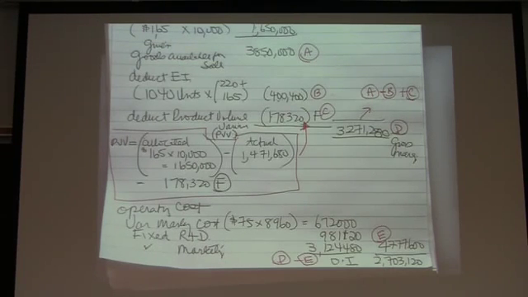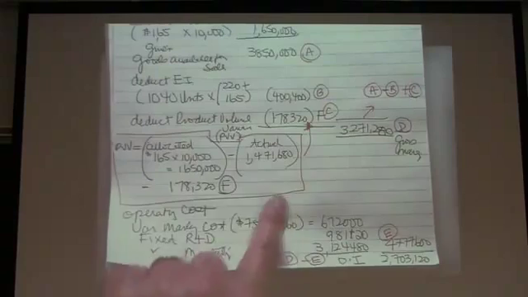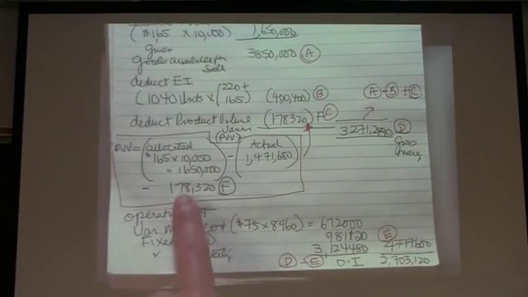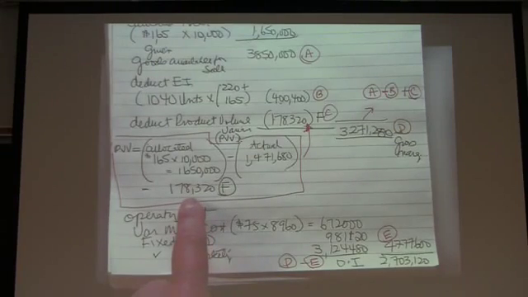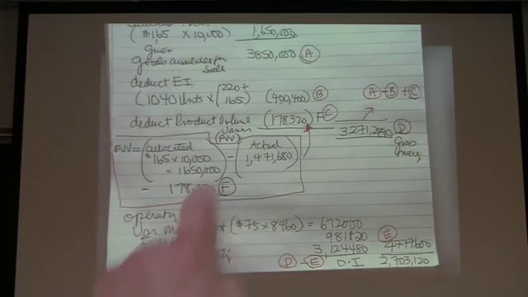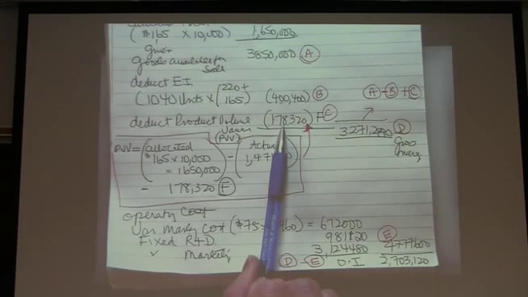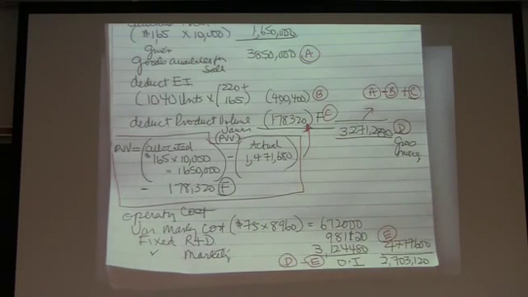We compare it to what we actually spent on fixed overhead, and you'll see that what we spent was less than what we allocated. That's why we have a favorable variance. That favorable variance, we're told, is allocated all to cost of goods sold. And that's why we are adding it to determine our gross margin.